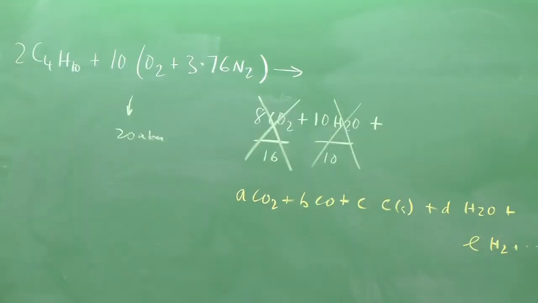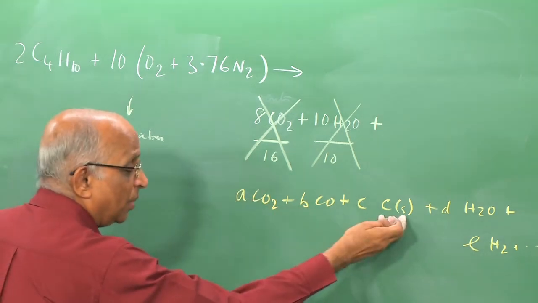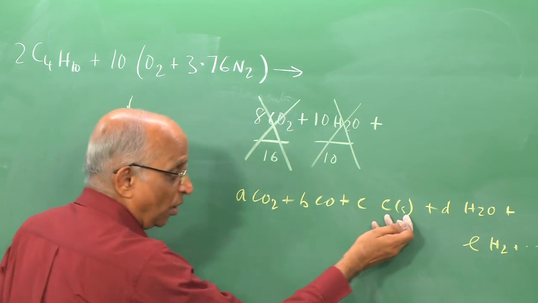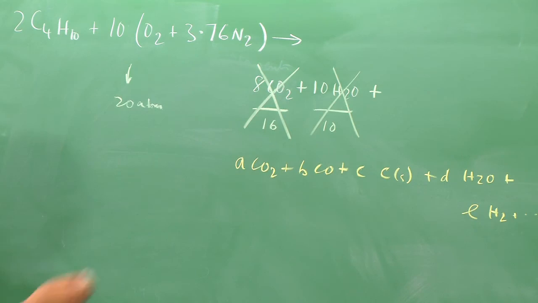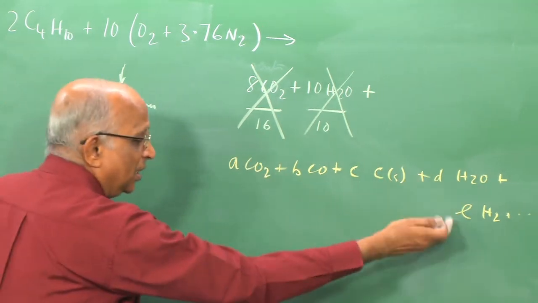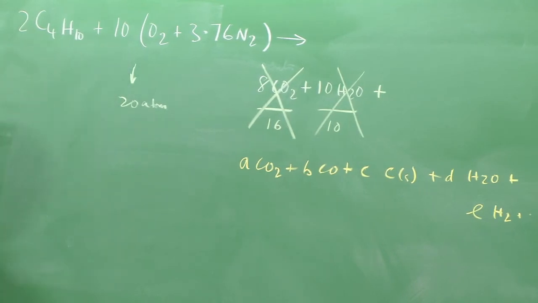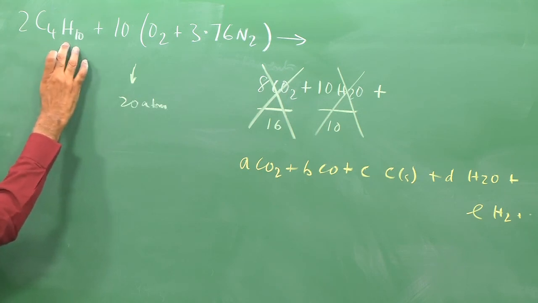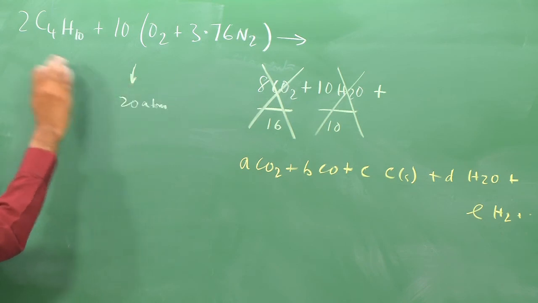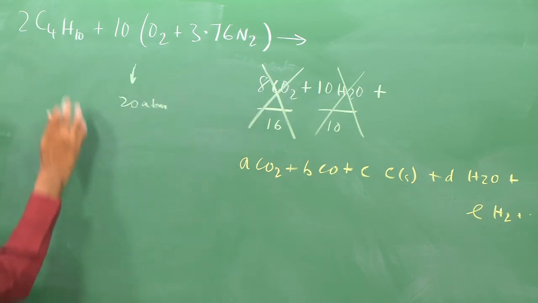If my products are going to contain carbon dioxide, carbon monoxide, carbon as soot or in solid form, water, hydrogen and so on, how do I determine the moles A, B, C, D, E when the number of moles of the reactants are given as 2 and 10? I can do the carbon balance and hydrogen balance, because the number of atoms cannot get lost. That means the number of atoms of carbon in the total left hand side and right hand side must be the same.